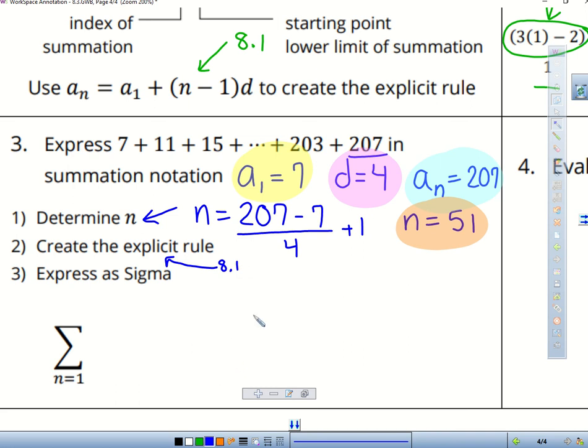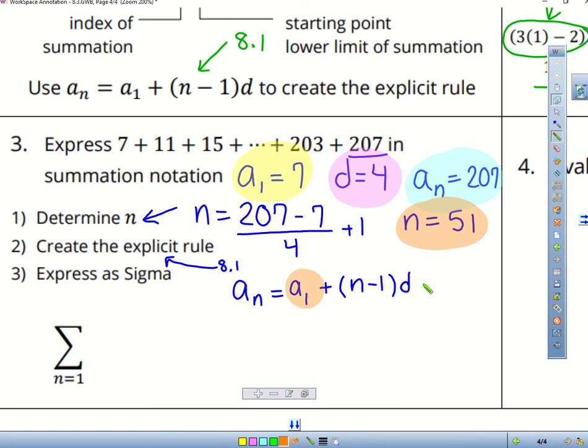Simple times. Okay? So all we do is write out the formula for an explicit rule. You remember this from 8.1? And in 8.1, all we ever plug in for is a1 and d. Always. So I'm going to plug in those two things. So I know that an is equal to your first term plus d.